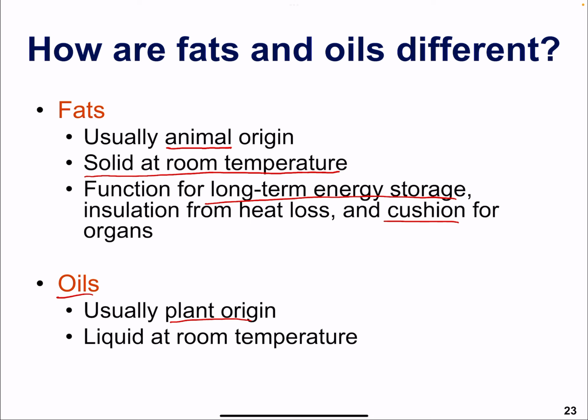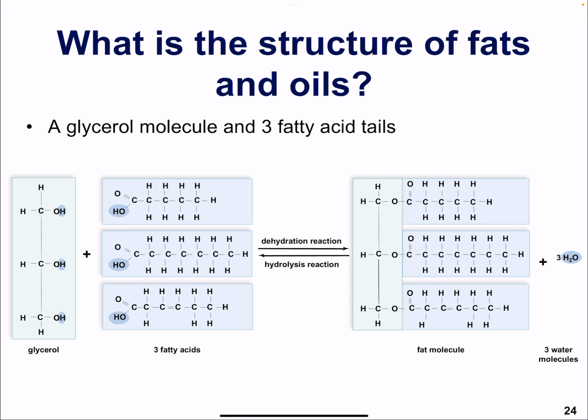They are typically liquid at room temperature. Now, the most common lipids that we are going to find in the human body are what we call triglycerides.